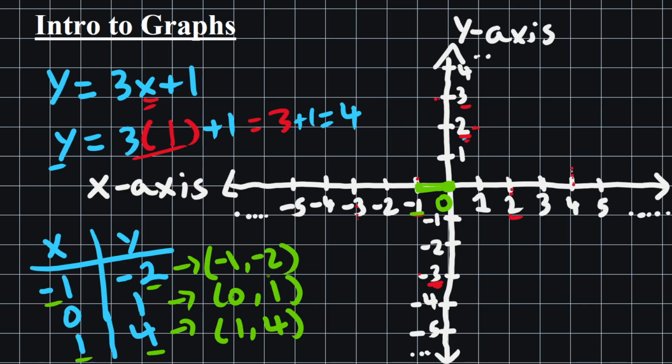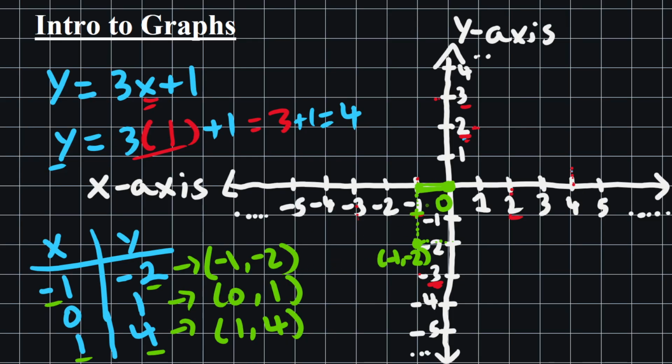And our y value says -2. So -2 is down there. So we have to move down to -2, where it meets -2 on the y-axis. So this point will be -1, -2. That's our first point that we plot. -1, -2 is right there.